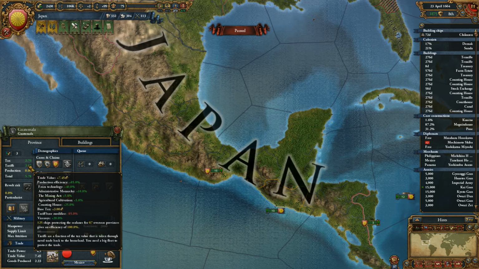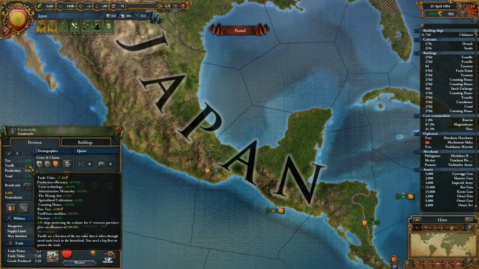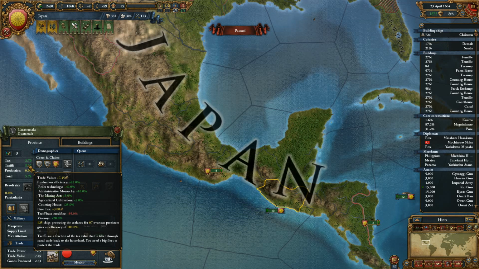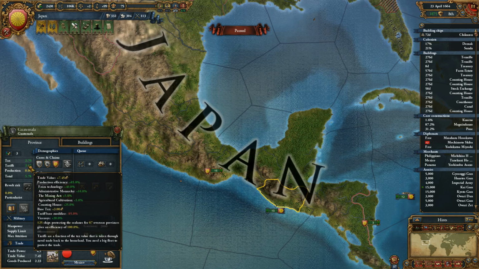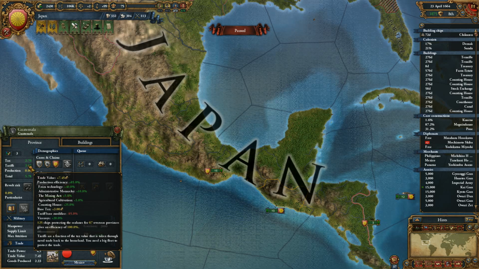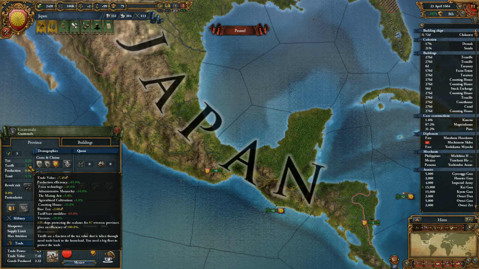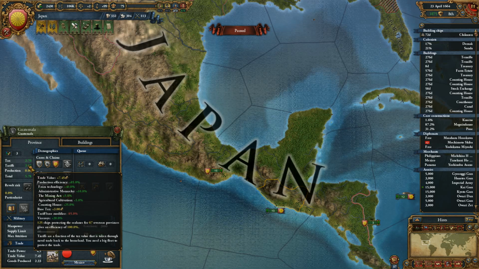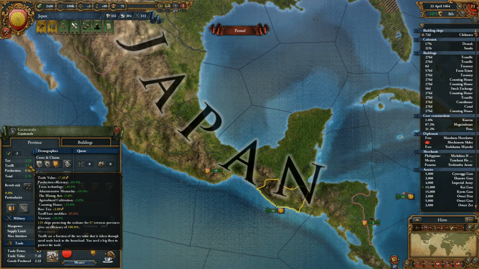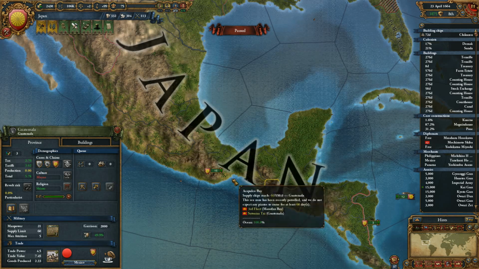Japan owns 67 overseas provinces, and you need one trade ship or heavy ship per province in order to get 100% efficiency on your tariffs. As you can see, I have 125 ships that are protecting the sea lanes for 67 provinces, which gives an efficiency of 100%. Those are the major differences.